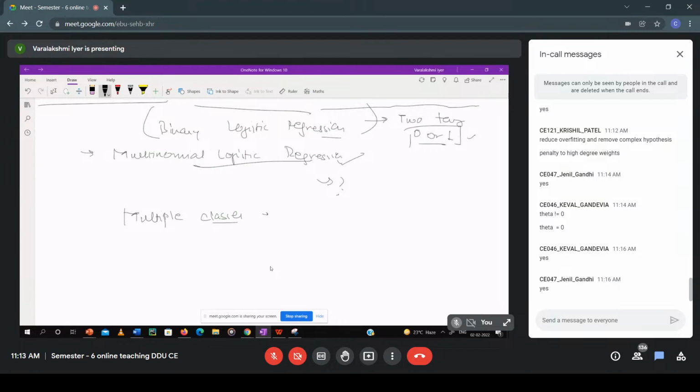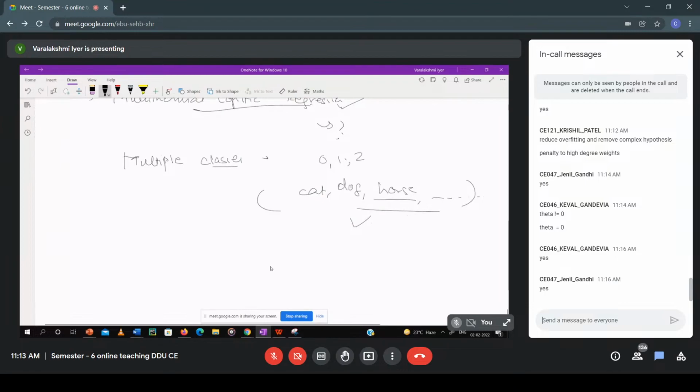So your multiple classes will be 0, 1, 2: cat, dog, and some other, like horse. These are the three classes that you might have, or more than three classes, to classify your data set. In that case, your hypothesis function will also be changed, and your loss function will also be changed.